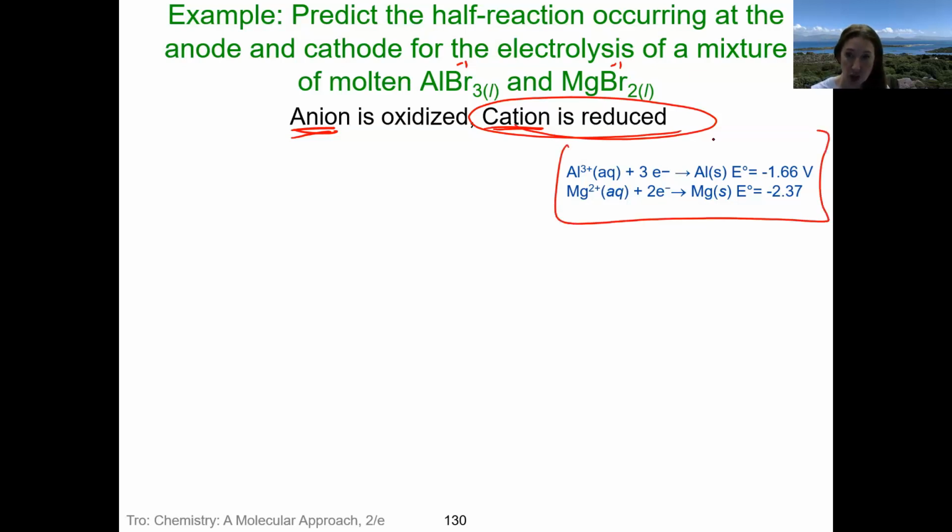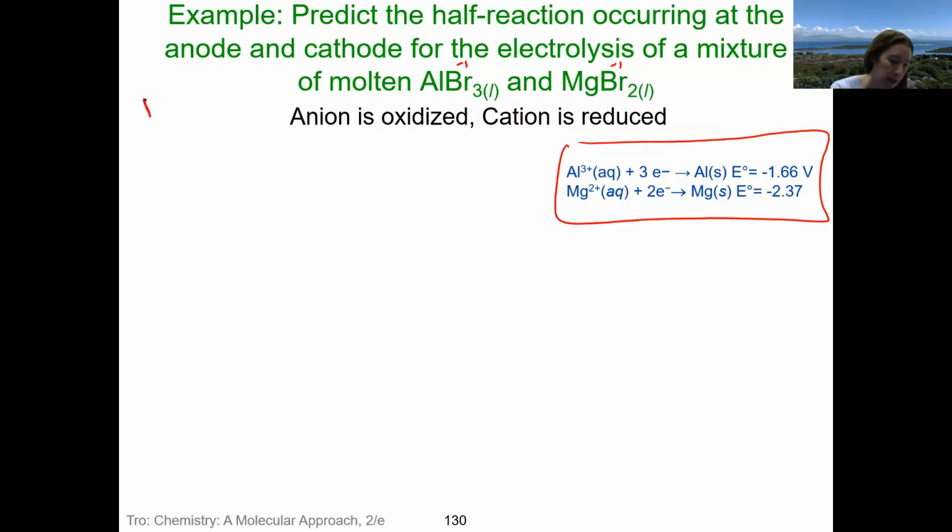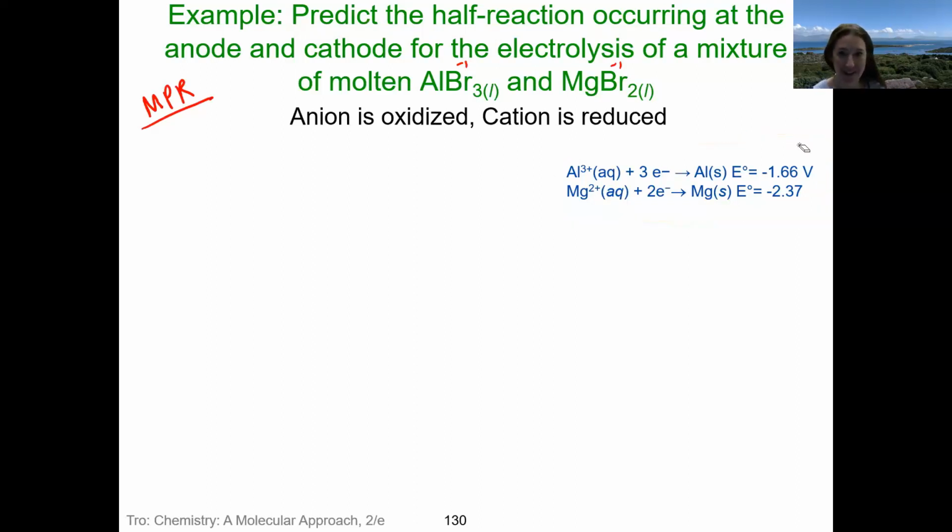So this is just straight from the table. If we want to figure out which one it is, remember, more positive reduced. So whichever one is more positive is going to be the one that's reduced. Here are our two choices.